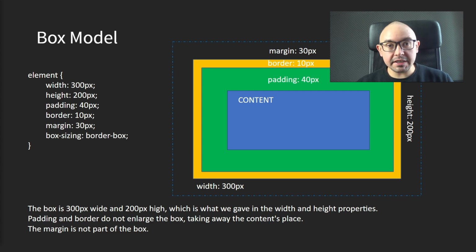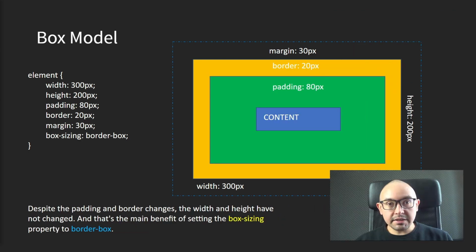Now by increasing the padding and the border of this element, it will still have the dimensions specified with the width and the height properties, as you can see perfectly on this slide. The padding and the border of our element have been increased, but the size of our element remained the same. However, the space for our content has shrunk.